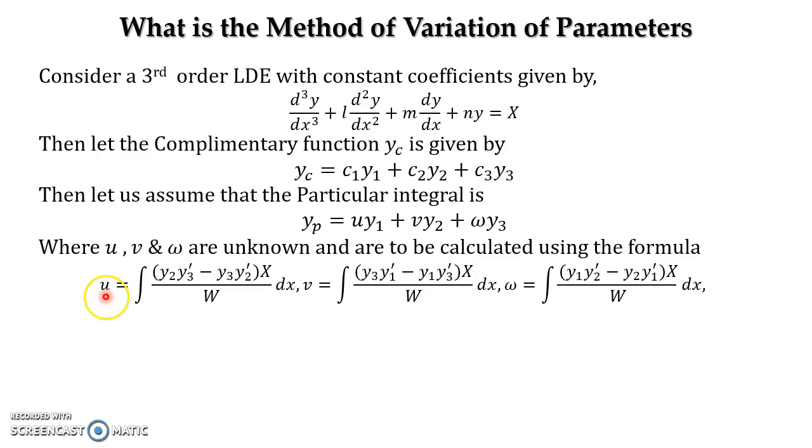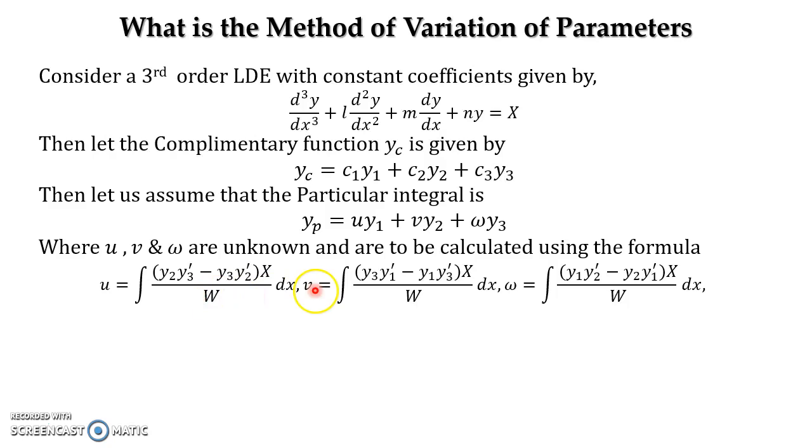Since u is the first unknown here, we skip y1 and we consider y2 and y3 to calculate u, that is y2 times y3 dash minus y3 times y2 dash, times x upon w dx.